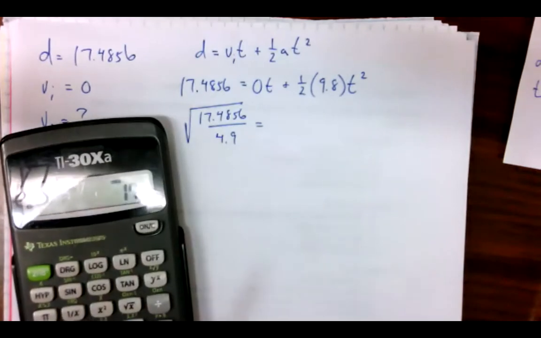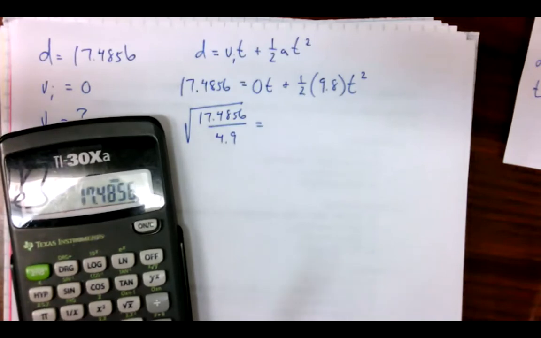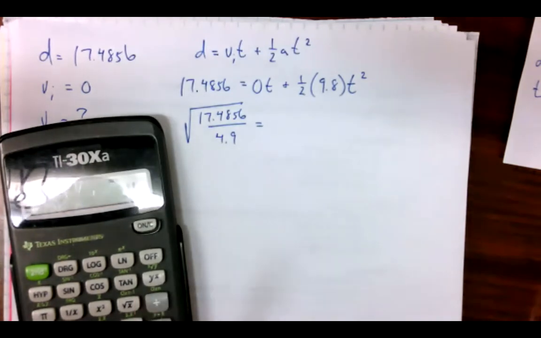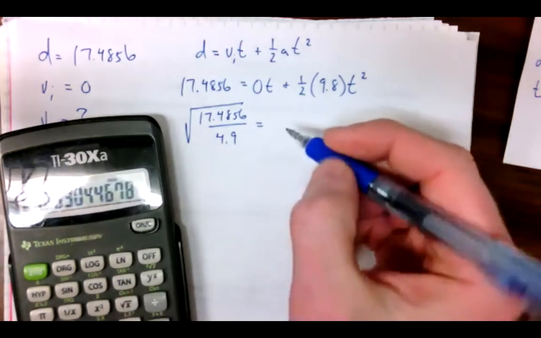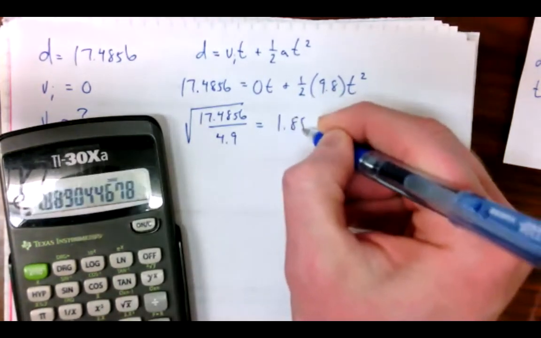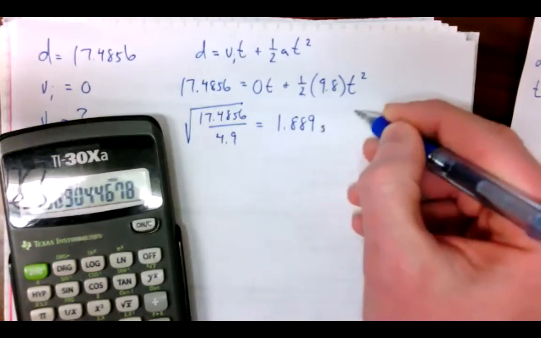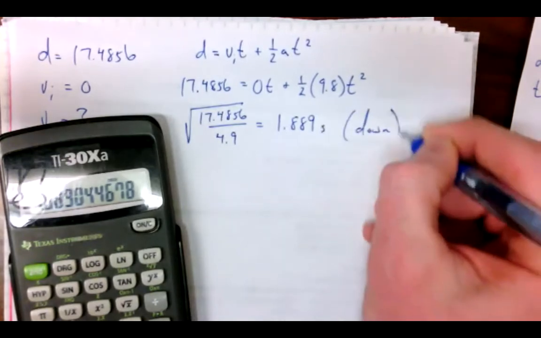So 17.4856 divided by 4.9 equals that. Root of that is 1.889 seconds, and this is the fall.